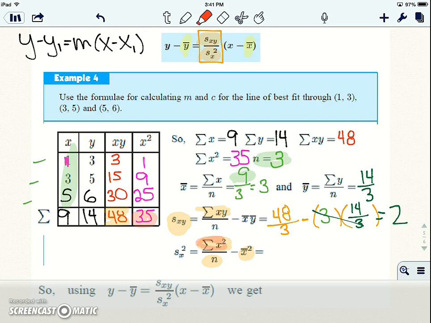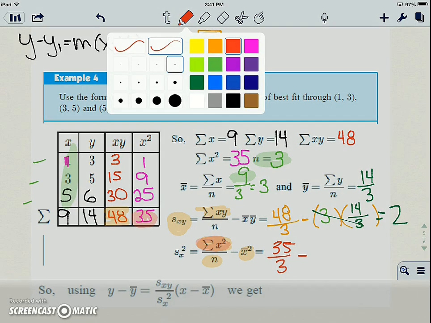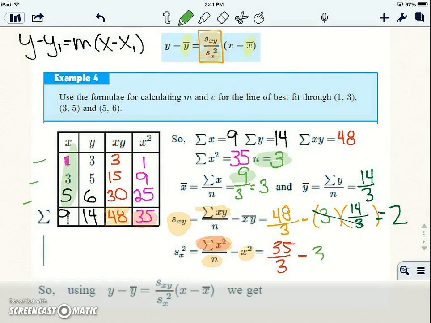Okay, so that's 35 over 3. And our average x again was 3 squared. And if you simplify that in your calculator, you'll get 8/3. Okay.